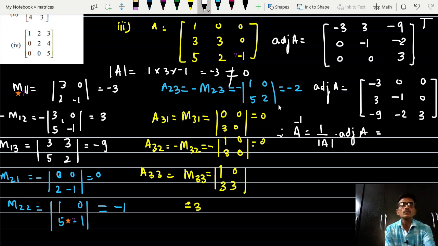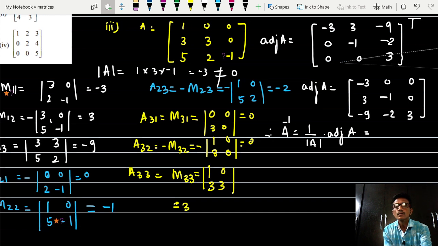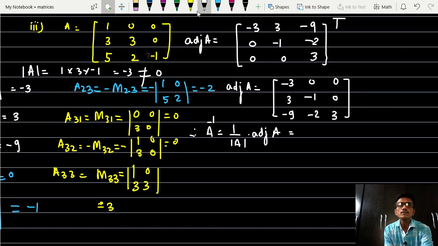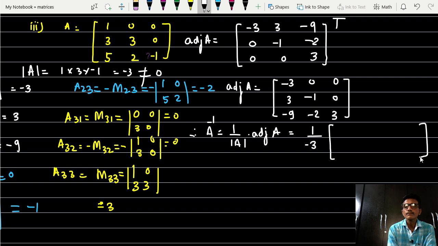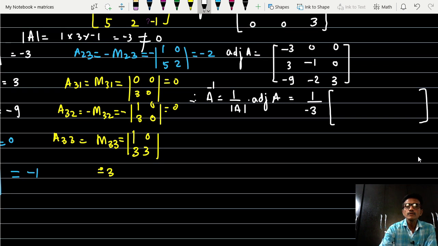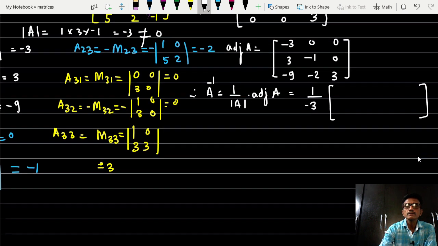Now it is 1 upon determinant of A. What is our determinant? Determinant is minus 3. And then the adjoint of A we will write.